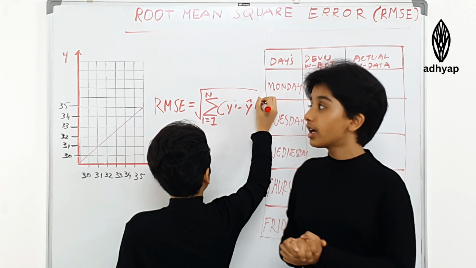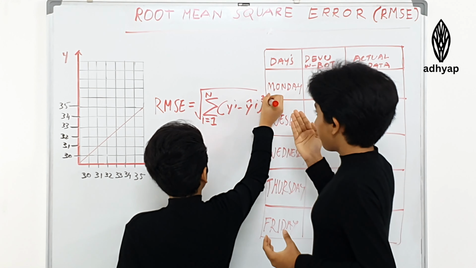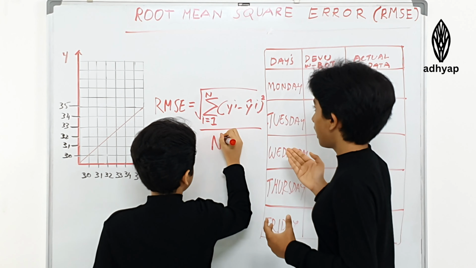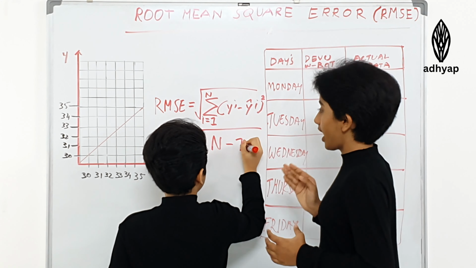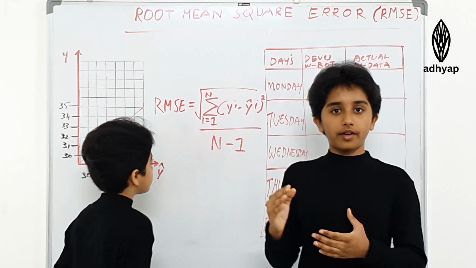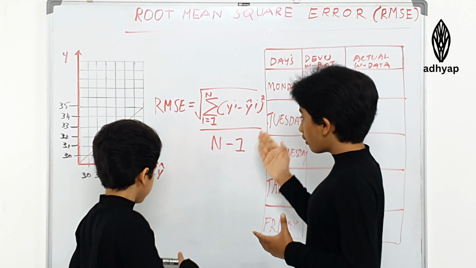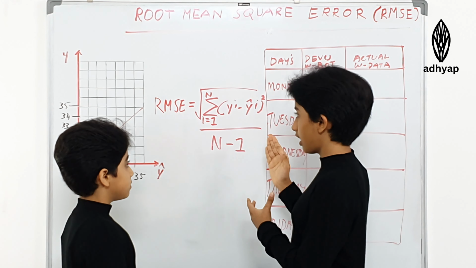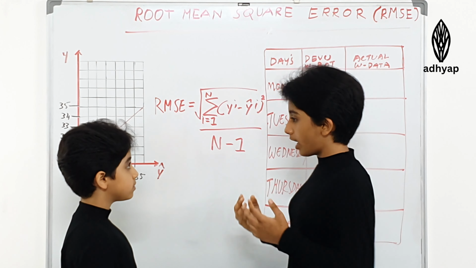then we get the mean of our residuals, so y minus y hat, squared. The only thing you have to remember is that the number of residuals subtracted by 1 has to divide the squared residuals.